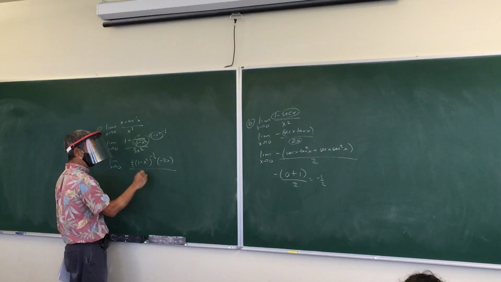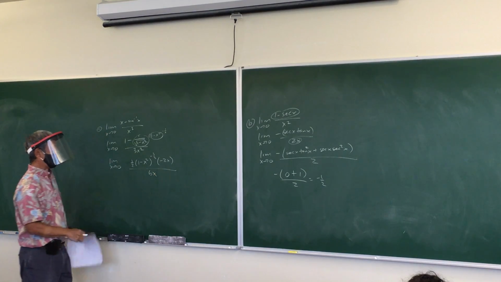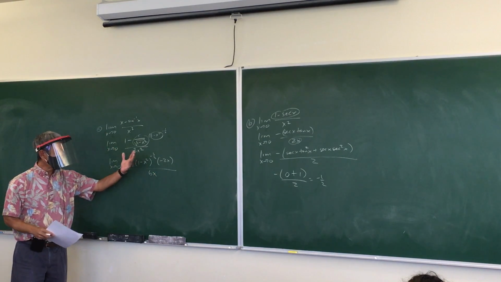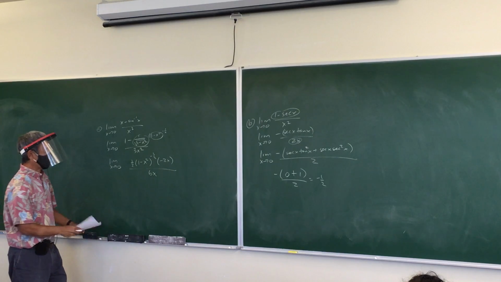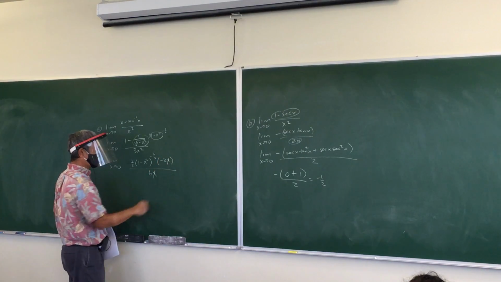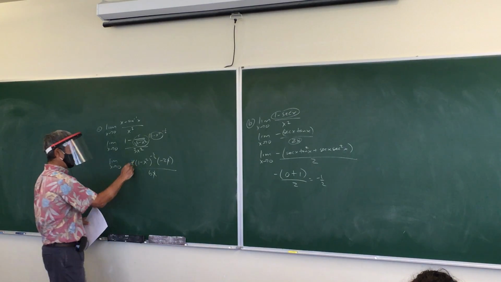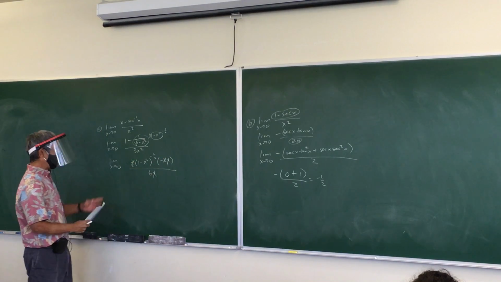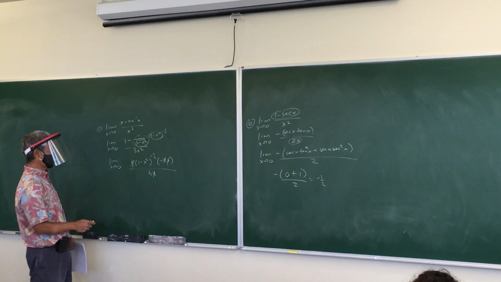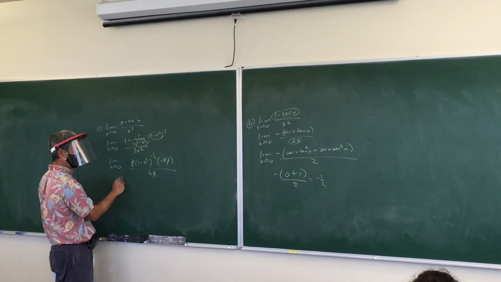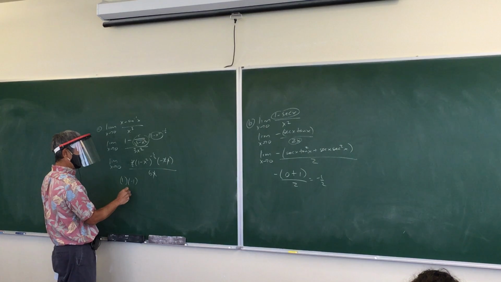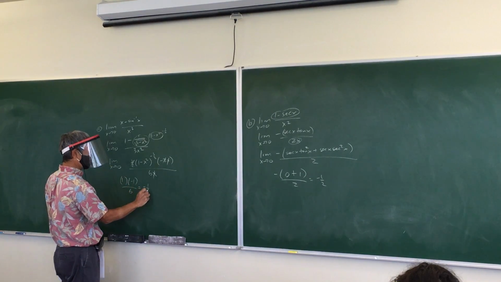The derivative of the bottom is 6x. Now, some people were doing the product rule again, but that's crazy. Why not just cancel out the x's? Because if you can cancel, right? And then this 1 half cancels the 2. Now, can I plug in 0 for x and get something? Yeah, you get 1 times negative 1 over 6. Negative 1 sixth is your answer.